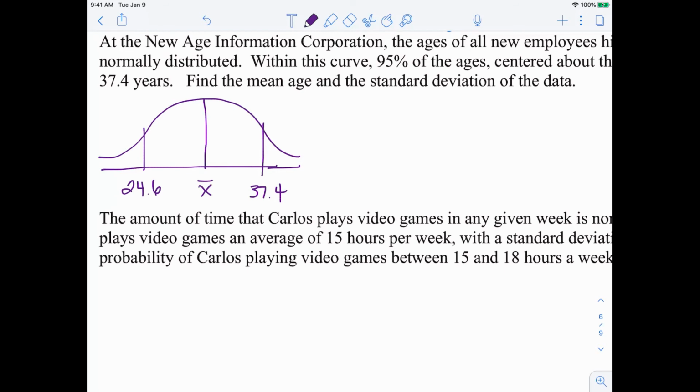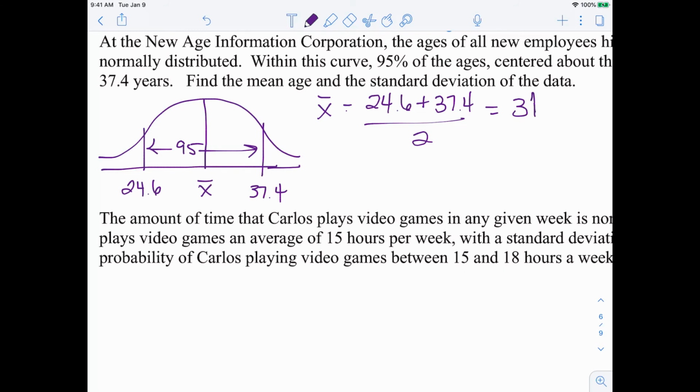Now, it's centered, and we're told that this is 95%, which means that the mean is falling directly in between these two values. So to find the mean, I can average them. So 24.6 plus 37.4 divided by 2, and that gives us a mean of 31.